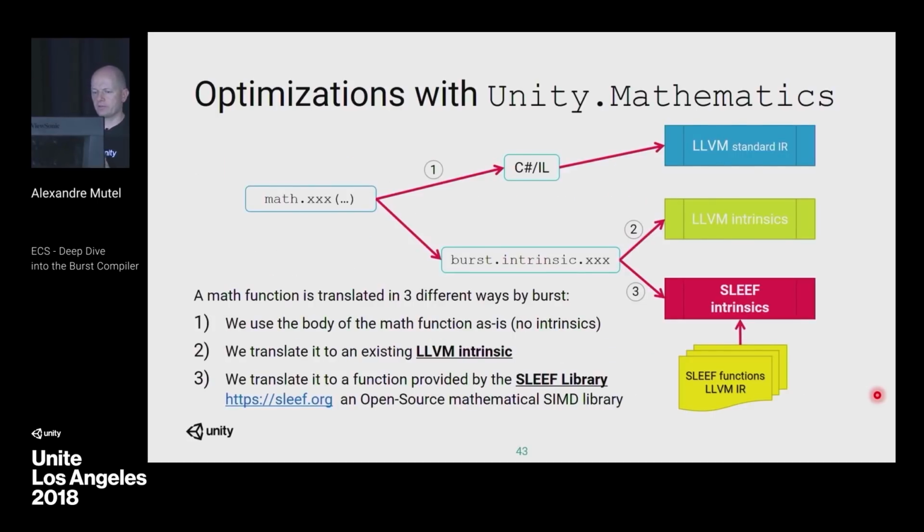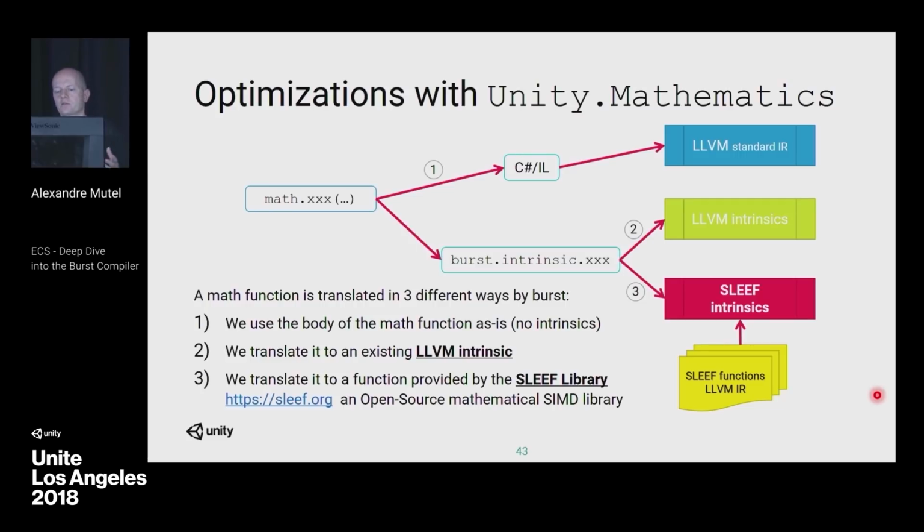And for the mathematics functions that we provide, we have 3 kinds of way of translating them. The first one is we translate directly from C# to IL. And for example, there is math.smoothstep. This function is just multiplying elements and so on. So we just translate it directly to LLVM. Another case is where we have an LLVM intrinsic in LLVM.